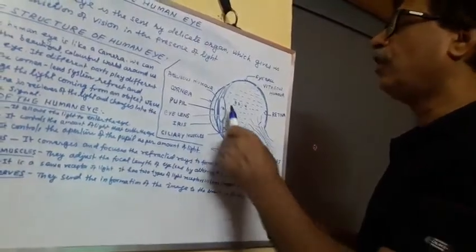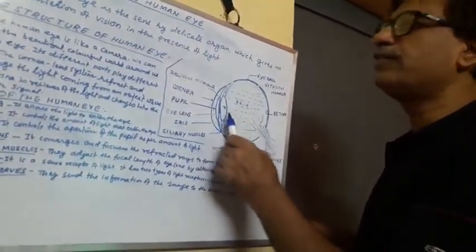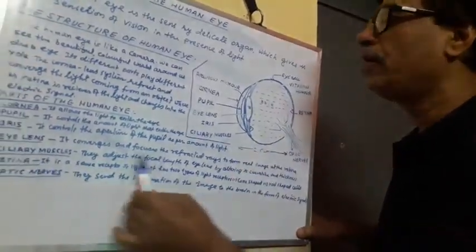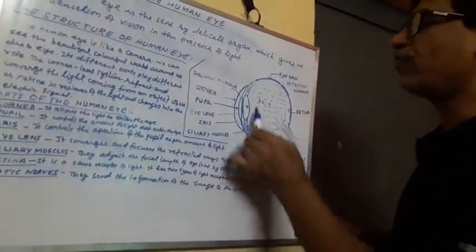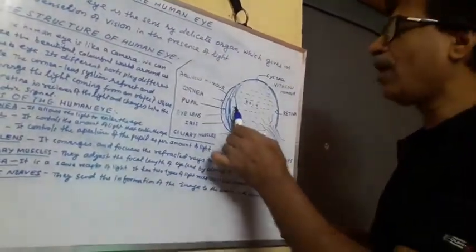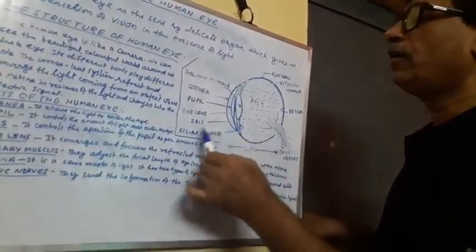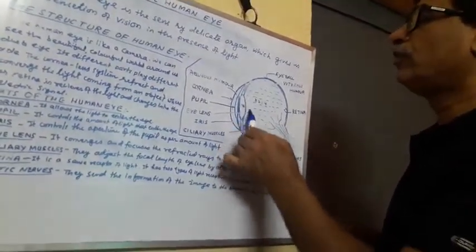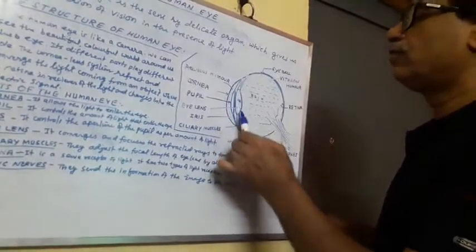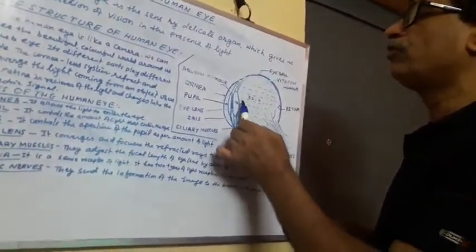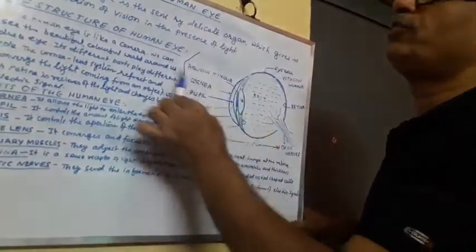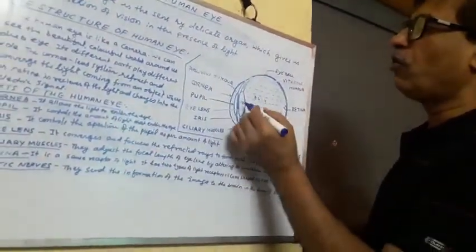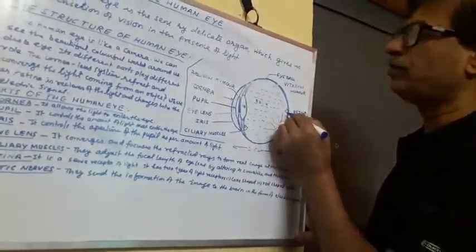In this way, the focal length of the eye lens is adjustable with the help of the ciliary muscles. So these muscles play a very important role. The eye lens is actually pivoted by these ciliary muscles. They alter the focal length of the eye lens according to the position of the object, and in this way the image of the object is always formed at the retina.